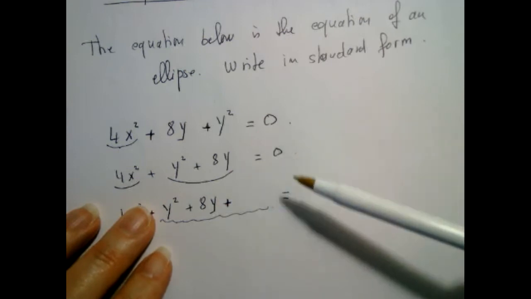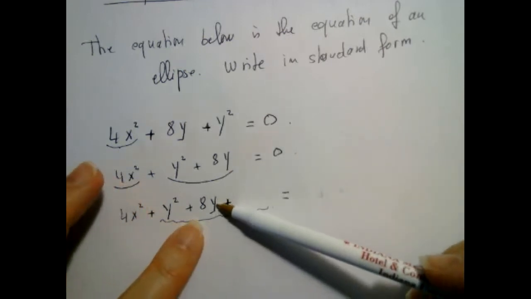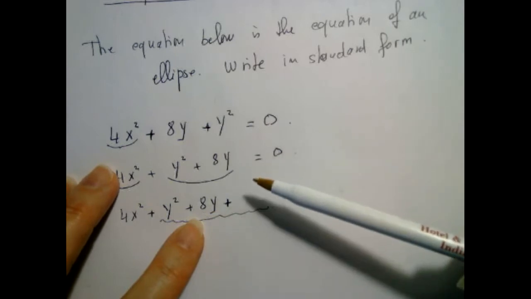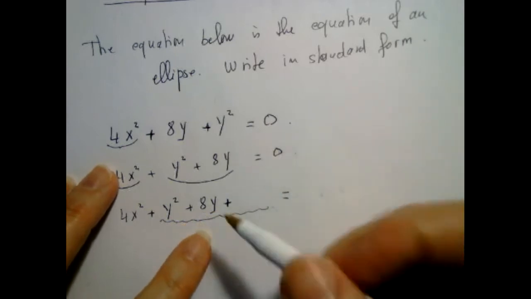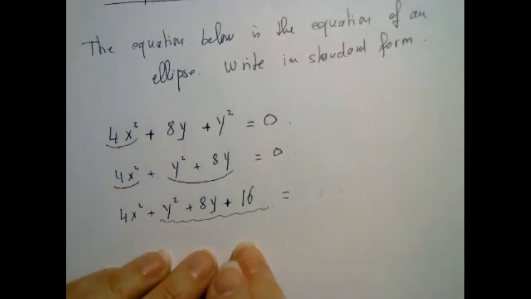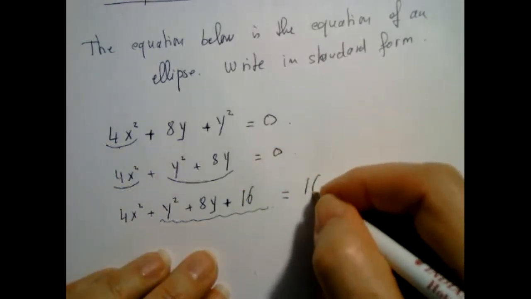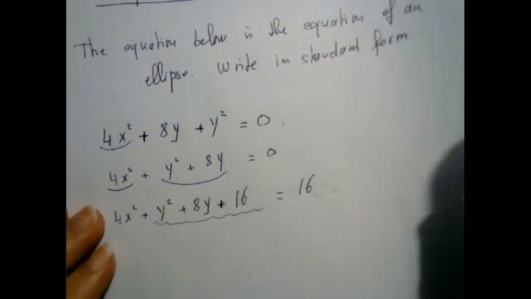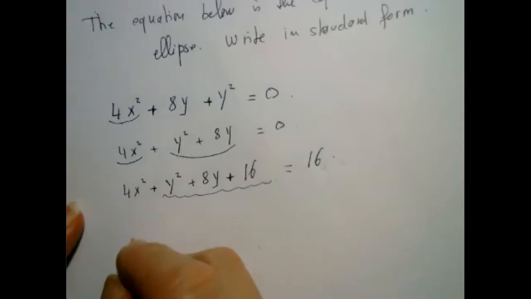Okay, I add 16. Everybody agree? It's y multiplied by 8, divided by 2, which is 4, square it, 16. To keep the equality clear, I have to add it to both sides. Now, once I do that, I will have the following.